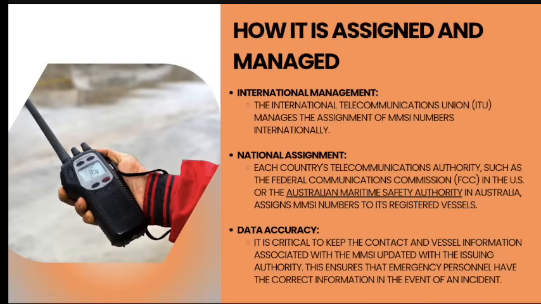It is also critical to keep the contact and the vessel's information associated with the MMSI updated with the issuing authority. This ensures that emergency personnel have the correct information in the event of an accident.